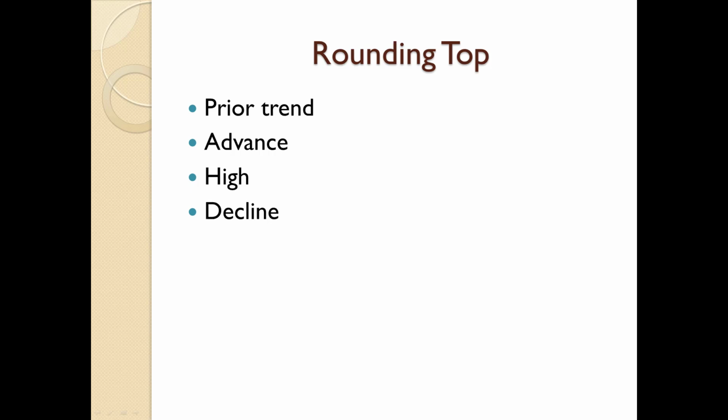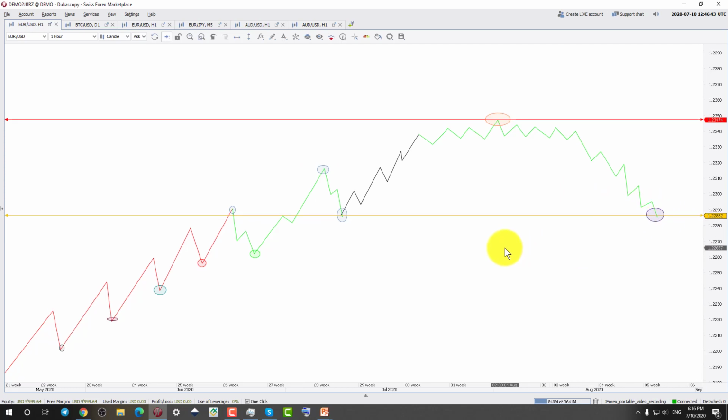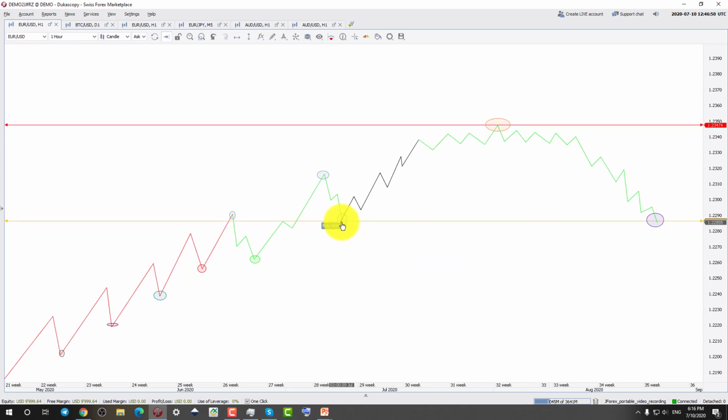The time, the place and the price, till the time it does not meet this low here, this area from the high to this place is called decline. You see friends, this is a pattern which takes weeks and months to form, so it is a very time consuming pattern, and most of the time, the time from the advance and the time to decline is almost same.